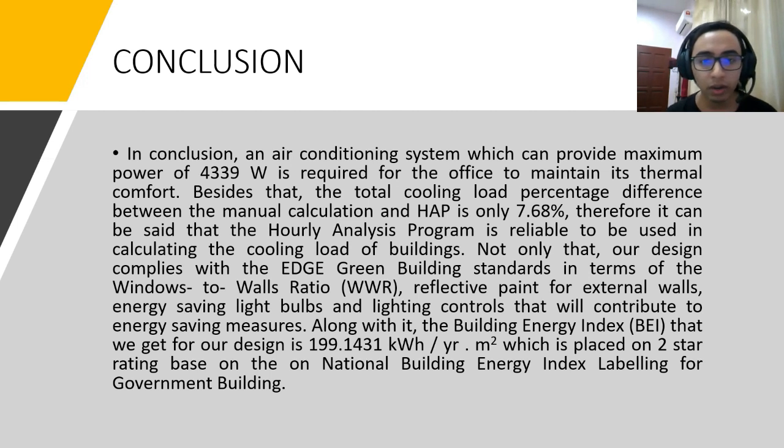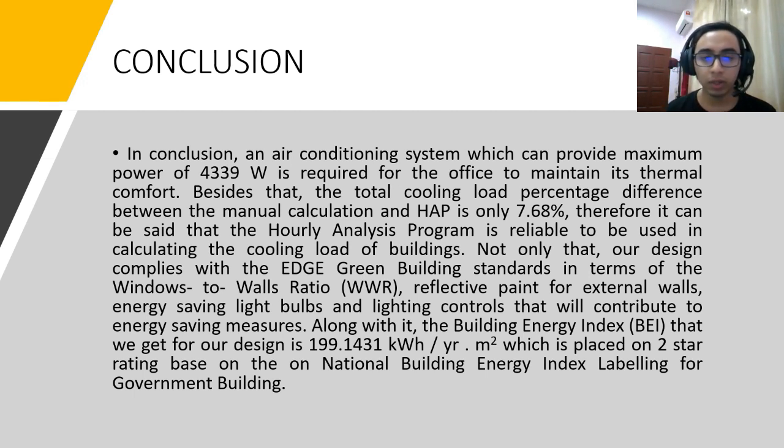In conclusion, an air conditioning system which can provide maximum power of 4,339 watts is required for the office to maintain the thermal comfort. Besides that, the total cooling load percentage difference between the manual calculation and HAP is only 7.68%. Therefore, it can be said that the hourly analysis program is reliable to be used in calculating the cooling load of the building.